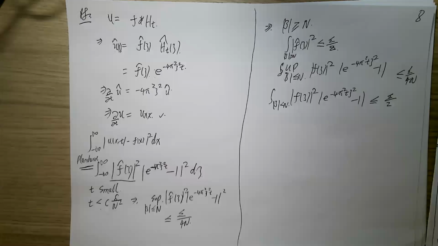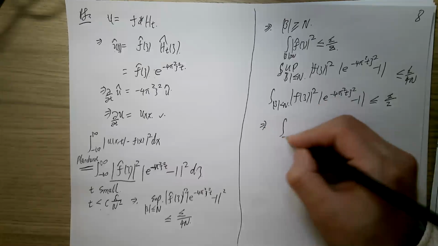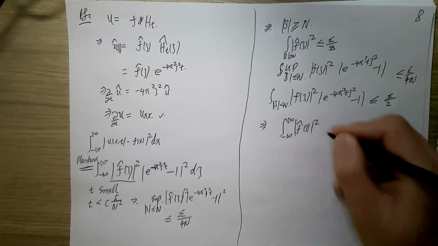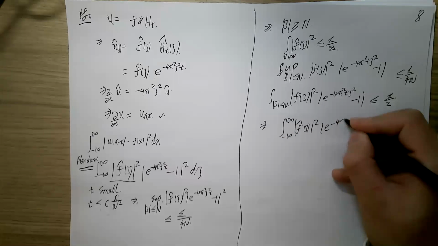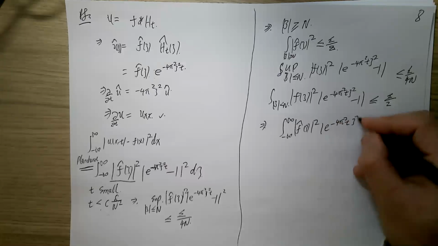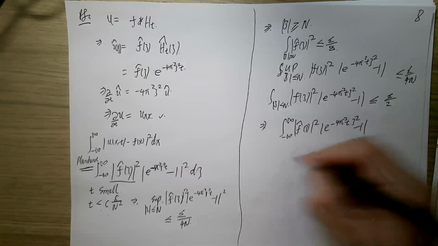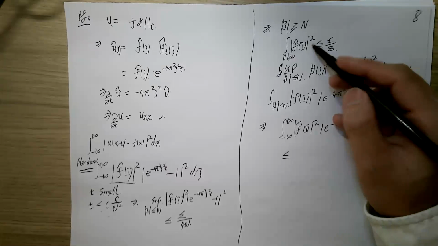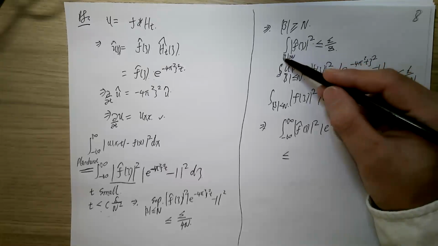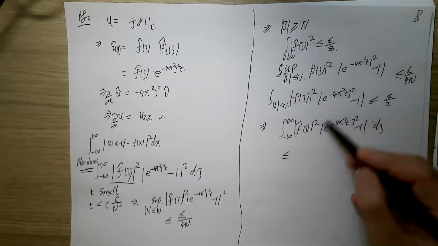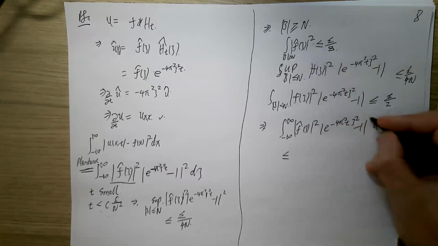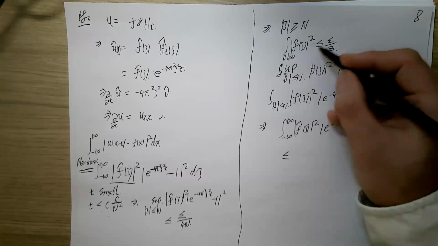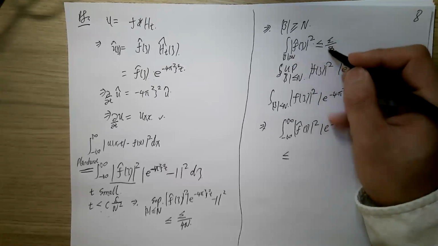So this integral from minus infinity to infinity of |f hat(xi)| squared times (e to the minus 4 pi squared t xi squared minus 1) squared d xi is bounded as follows. When |xi| is greater than or equal to N, the factor is less than or equal to 2 squared, which is 4, so multiplied by this guy it is epsilon over 2.